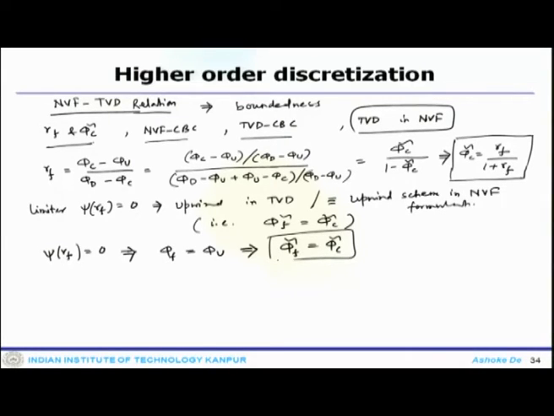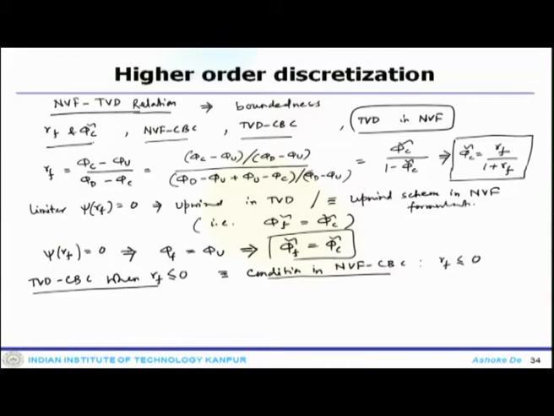So, the upwind scheme is imposed as a limit for the TVD CBC when RF is less than 0, and the similar or equivalent condition in NVF CBC is RF less than or equal to 0.